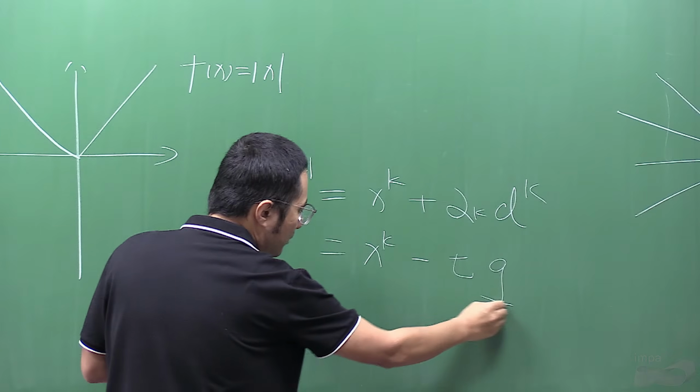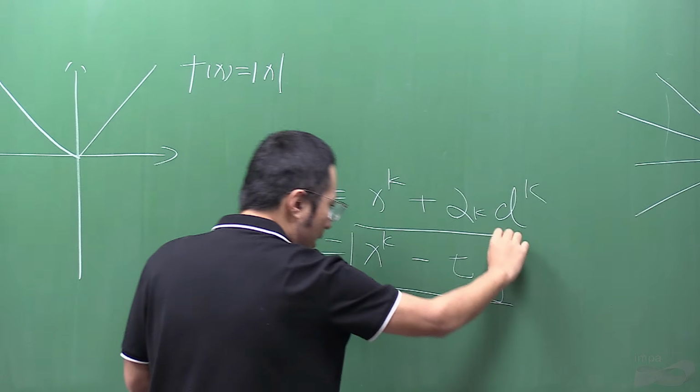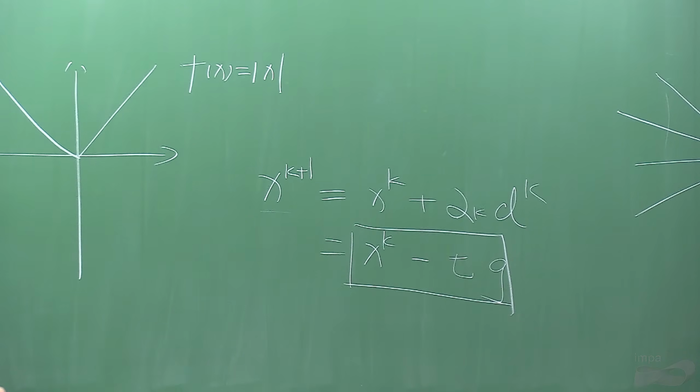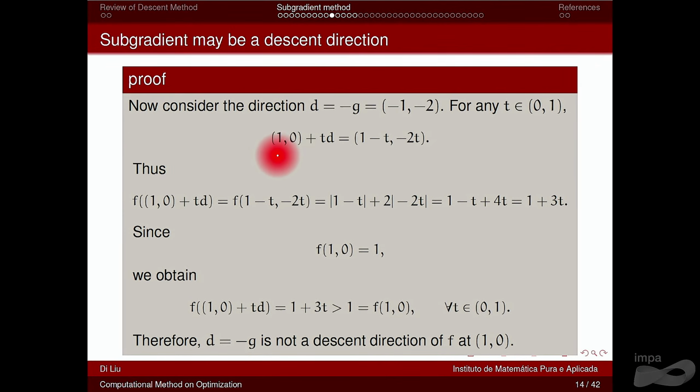So we want to first write the formula of this point, and then check the function value, okay? So this (1, 0) is x_k, and t is the step size, and d is the minus g, the direction, okay? And then we can write very easily, it's (1 - t, -2t), okay?